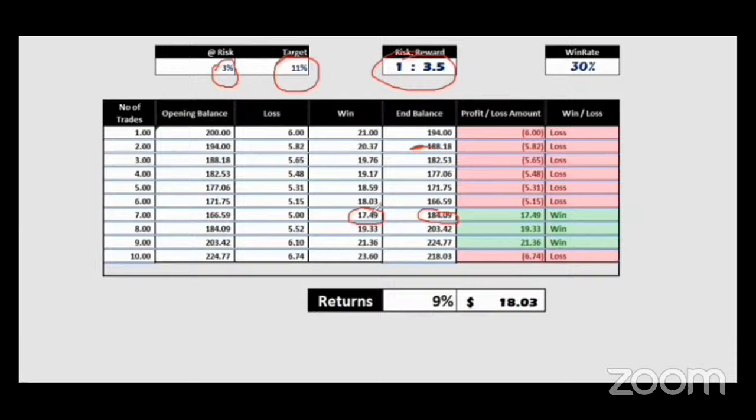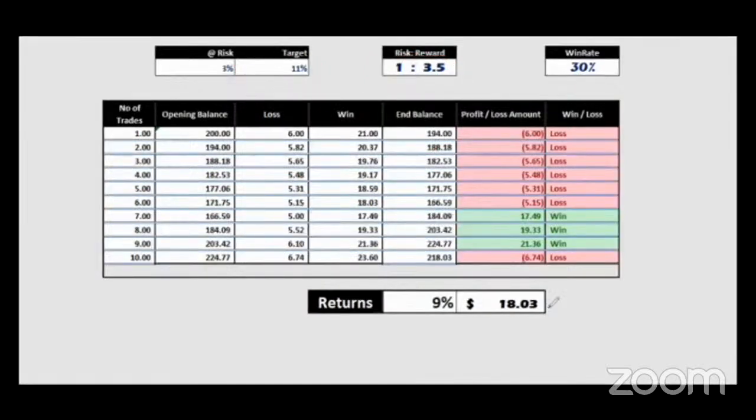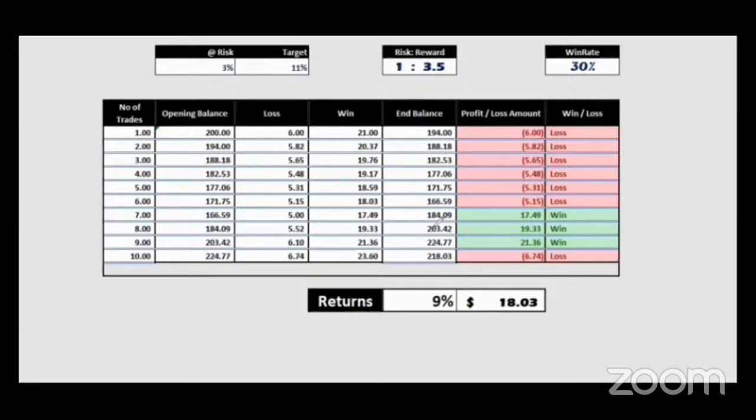So your one win alone is able to cover for about 3 losses that you have encountered so far. So the person took another trade again, and then he also won, and you could see that this $19 also took the person even above the starting point, $200. The person now has $203.